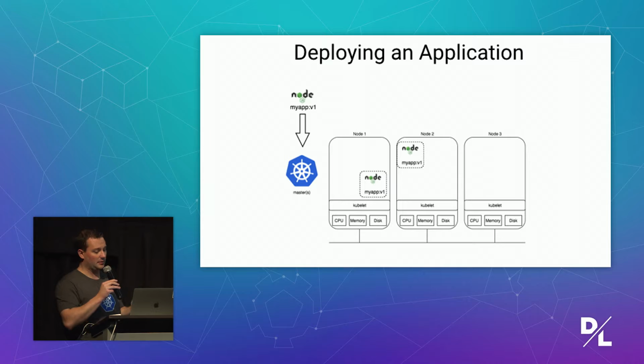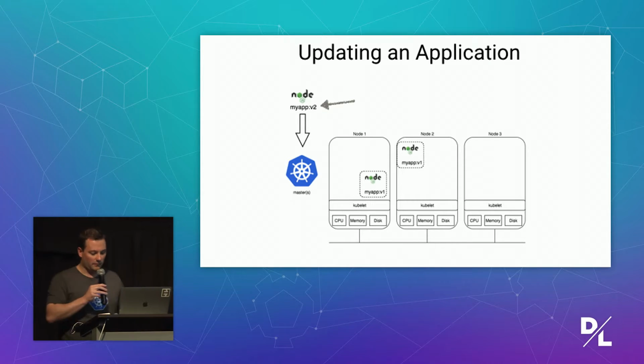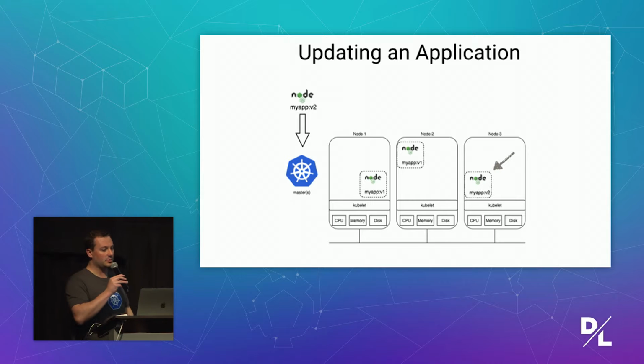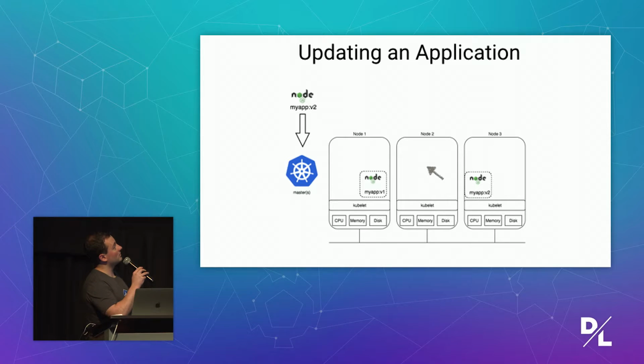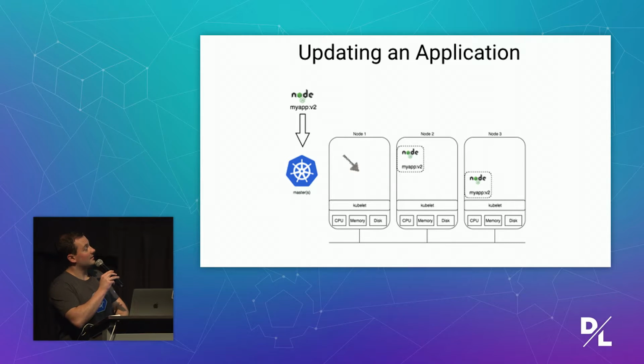Cool. That was easy. What if I want to update my application? Well, I'm going to go ahead and change my application manifest that tells Kubernetes, I actually want you to run version 2. And so Kubernetes will start doing a rolling update. It will launch a new instance of my version 2 application on a 3rd node. Once that's up and running, it'll kill one of the instances of the old version, start another one, delete the 3rd one.